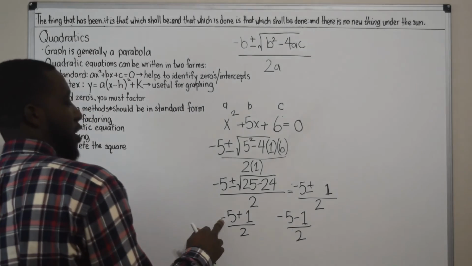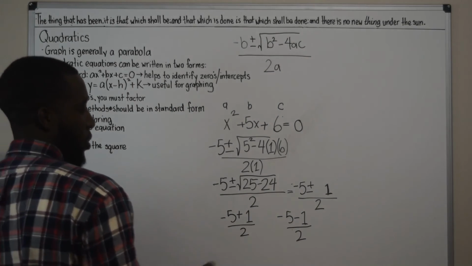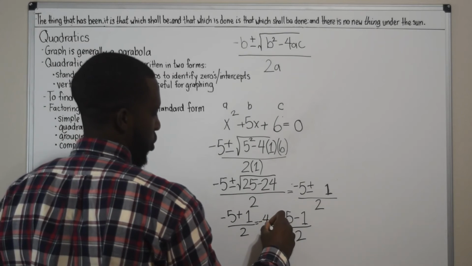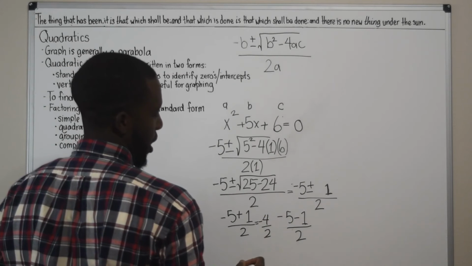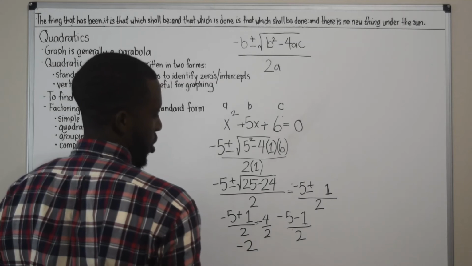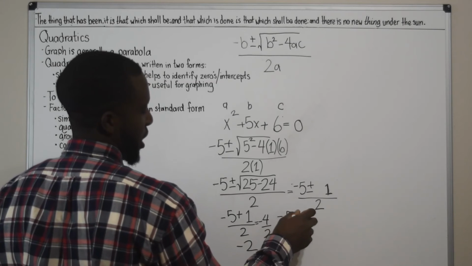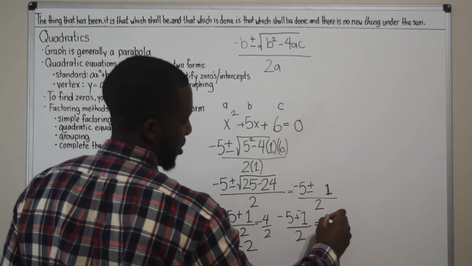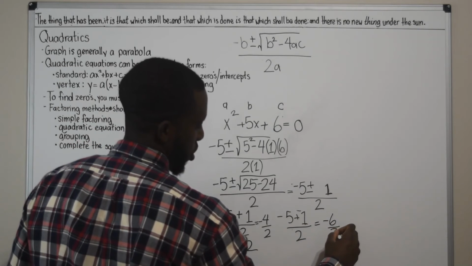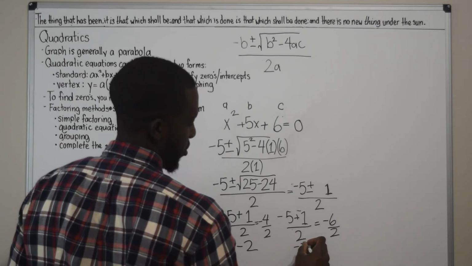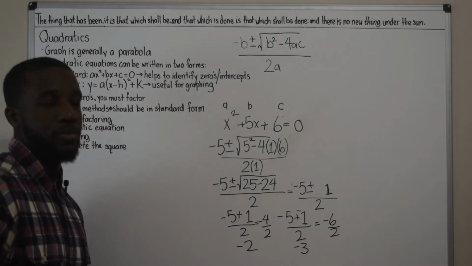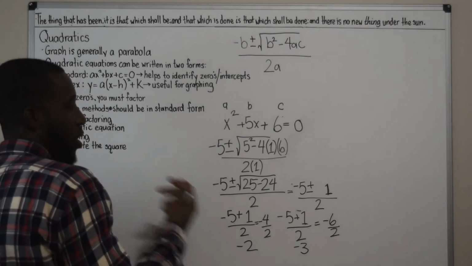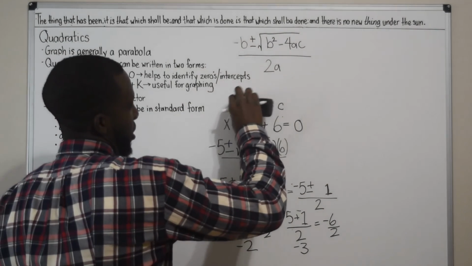All right, negative 5 plus 1 is going to be negative 4 over 2, and that equals negative 2. And then remember the signs are the same, so you just add and keep the sign. So we have negative 6 over 2, and that equals negative 3. Simple.